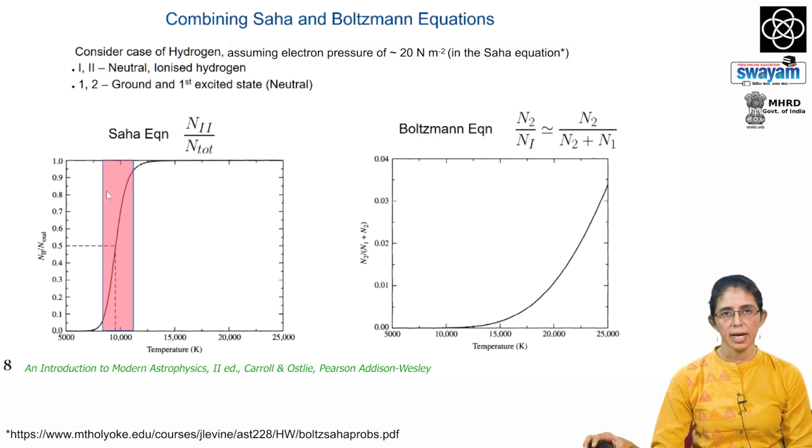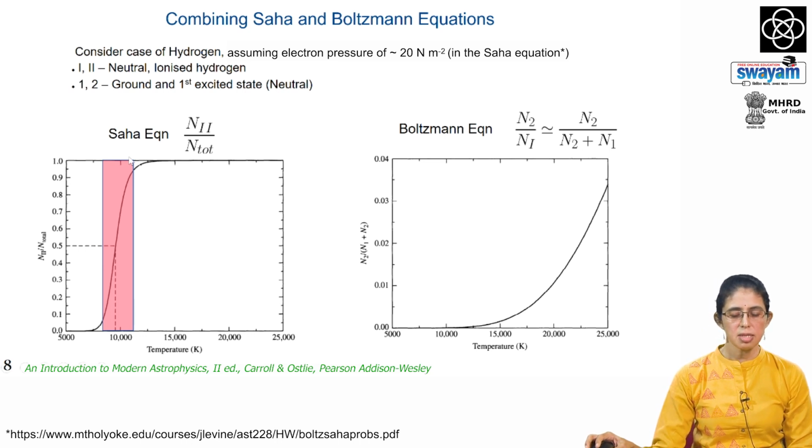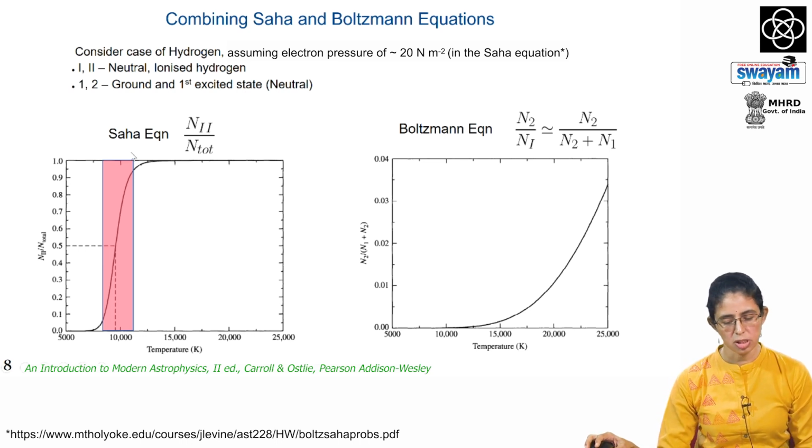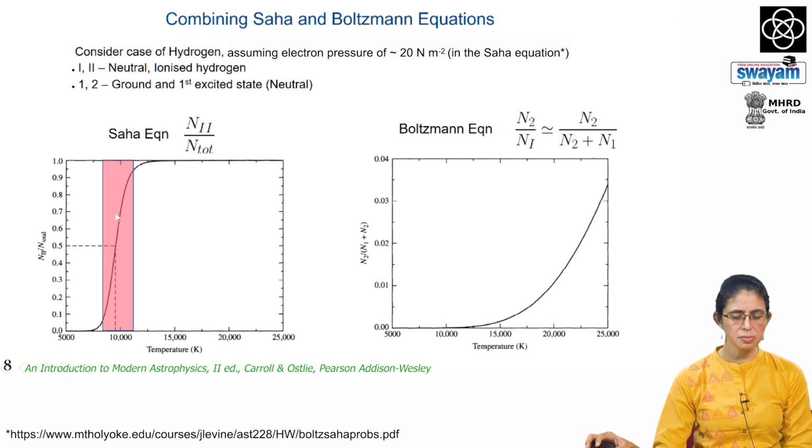This slide shows the plots of N second to N total and also shows the ratio of the atoms in the first excited state to the total number of atoms in the neutral stage. Using the Saha equation, one can see that the number of atoms in the ionized stage increases as a function of temperature.